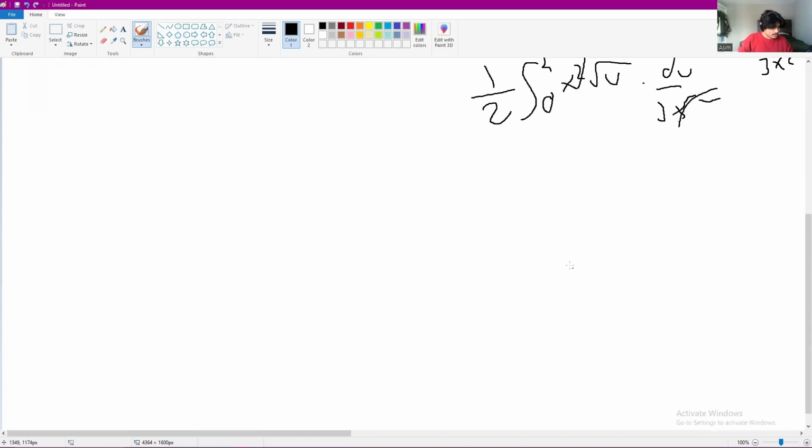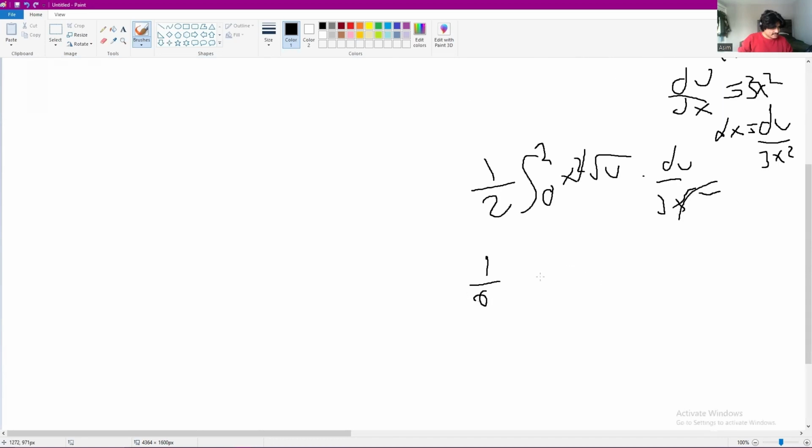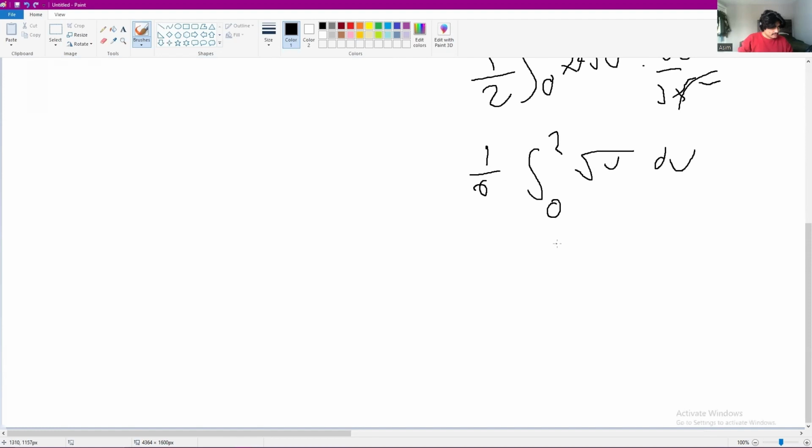This x squared just goes away, and I end up with 1/6 integral of square root of u du. And if I integrate this, it's going to be u to the 3/2 times 2 over 3 times 1/6.